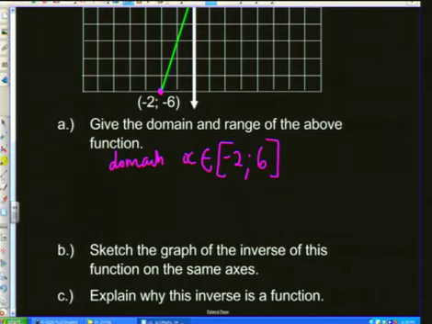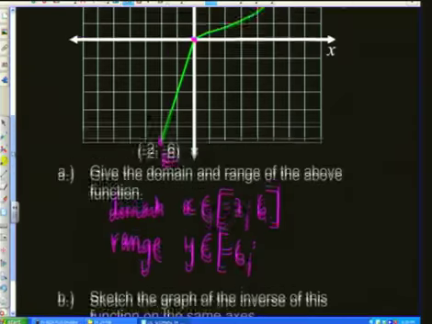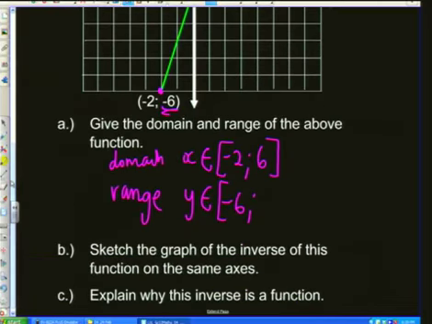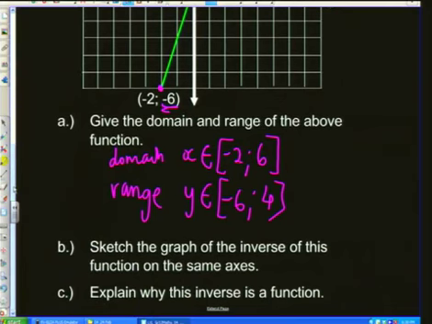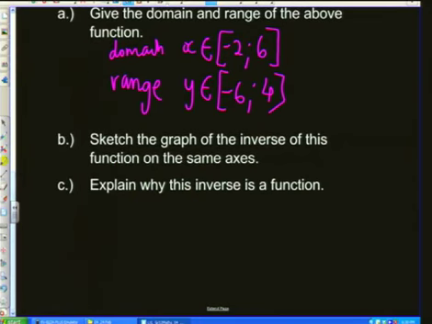It's starting, so including the negative 2, and I'm also including the 6. Now the range is y is an element of, we start at negative 6 including, and we stop at 4. Okay? Now that's our domain and range.